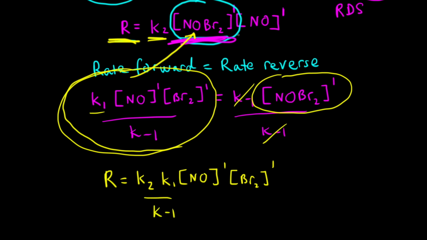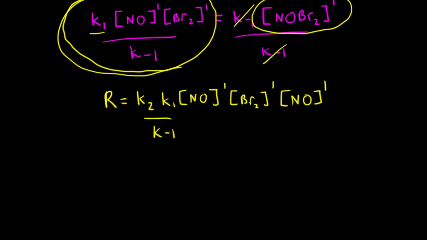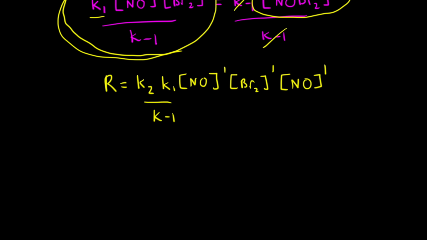And then we still have this concentration of NO to the first power, so make sure to include that in our rate law. Let's think about what we would get if we multiply two constants together and then divide by a third constant. Multiplying k2 times k1, and then dividing by k minus 1, would just give us another constant, which we could just call k. So k is now the rate constant for the overall reaction.